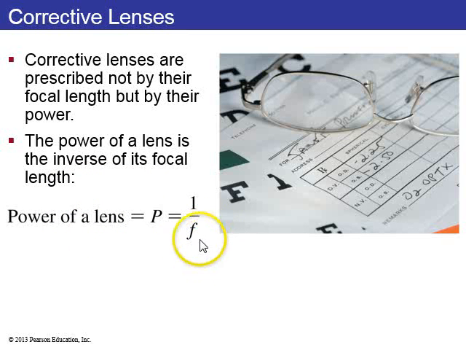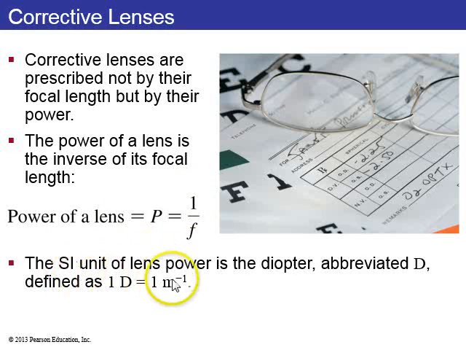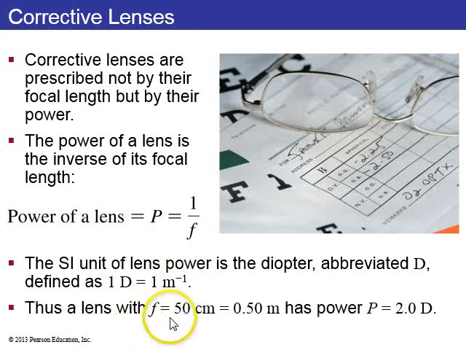So if the focal length is measured in meters, the lens power is measured in meters to the -1. Optometrists have a special name for that unit called the diopter. So 1 diopter is defined as 1 inverse meter. For example, if you have a lens with a focal length of ½ a meter, then the power is 1 over 0.5, which is 2 diopters.